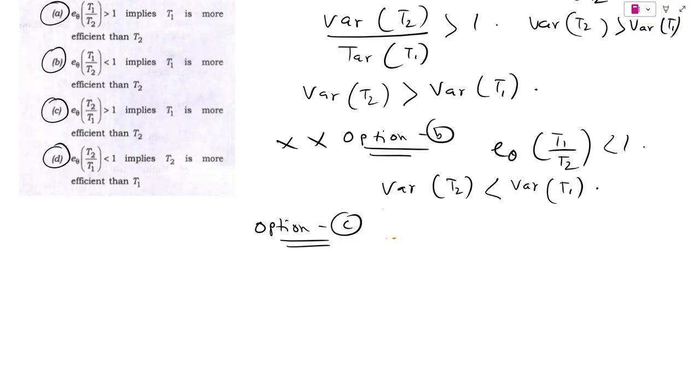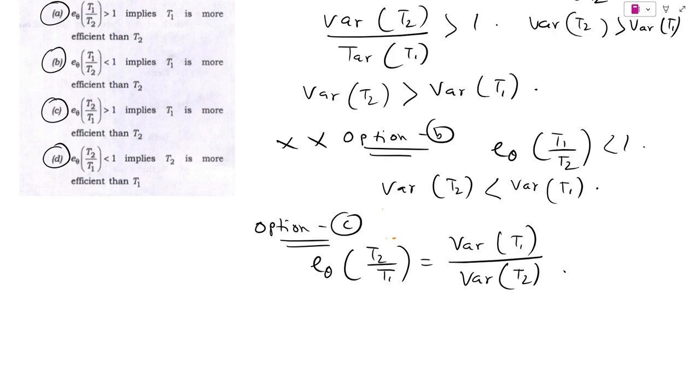Now come to option C. Now reverse the efficiency. So if this is greater than 1, then variance of T1 is greater than variance of T2. Therefore T2 is more efficient, but the option says T1 is more efficient, so incorrect.